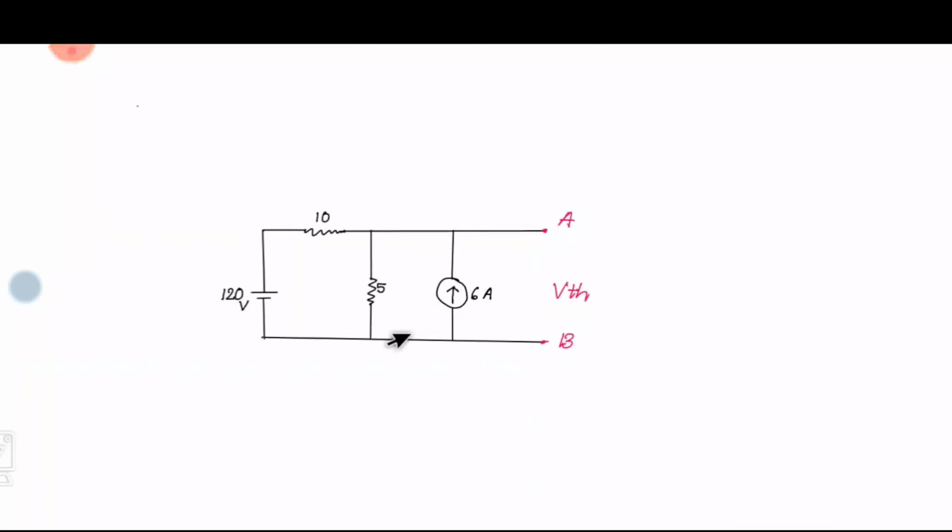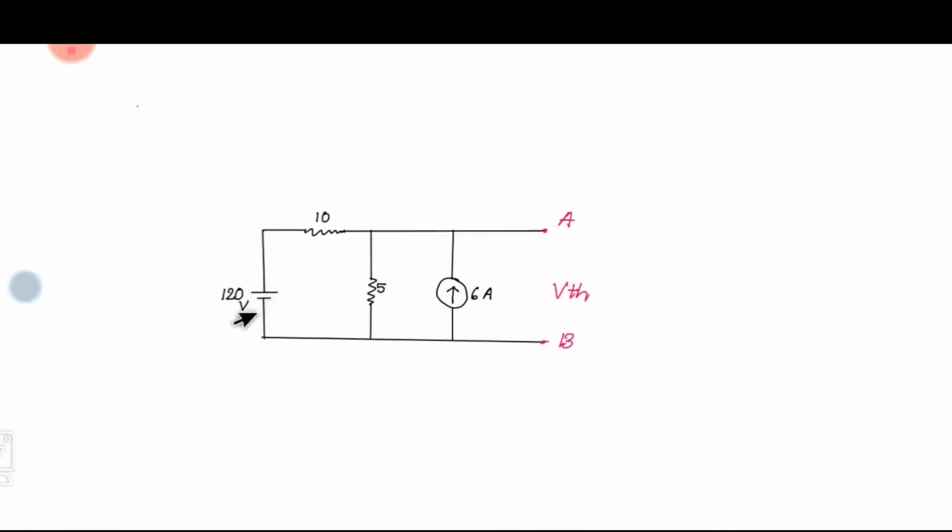Now we have to convert this circuit into a Thevenin equivalent circuit, and then determine VTH and RTH. We convert this voltage source into a current source to make our calculation easier.